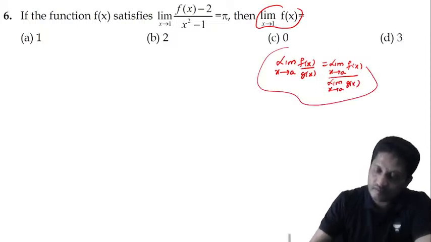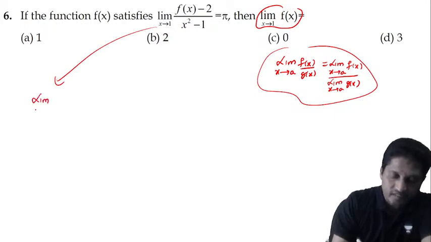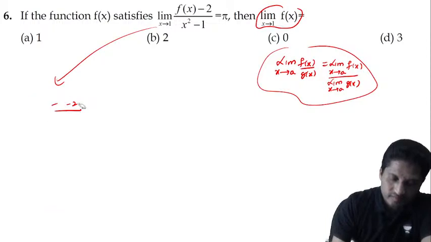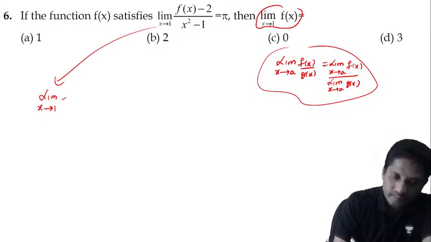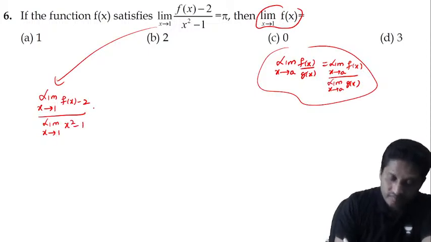So if I use this algebra of limits, the given question can be written as limit x tending to 1 of f of x minus 2, divided by limit x tending to 1 of x square minus 1, is equal to pi.